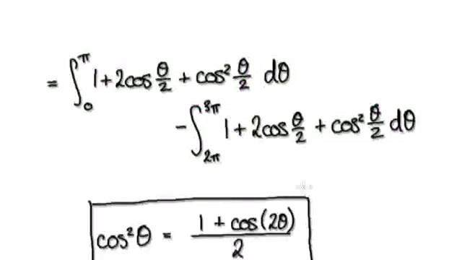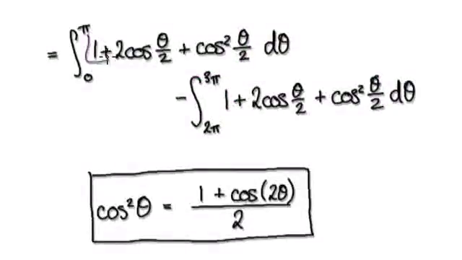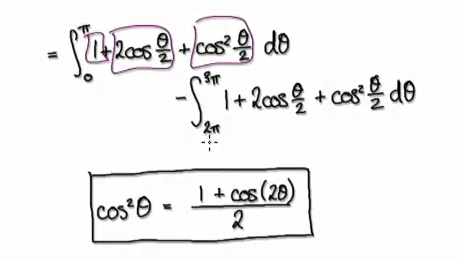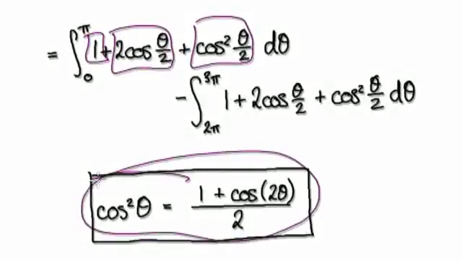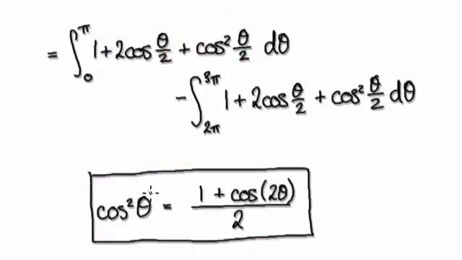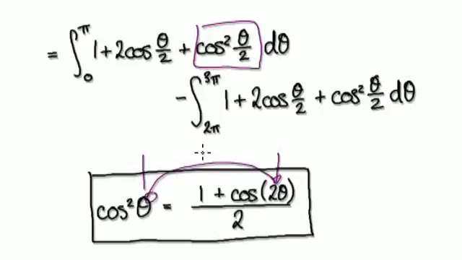So now this here is easy to integrate. This here, use a double angle formula, which is this bit here. So what it's saying is that when you square an angle here, you're going to need to double whatever the angle is here. So if you look at this here, remember that you need to double whatever that angle was over here.